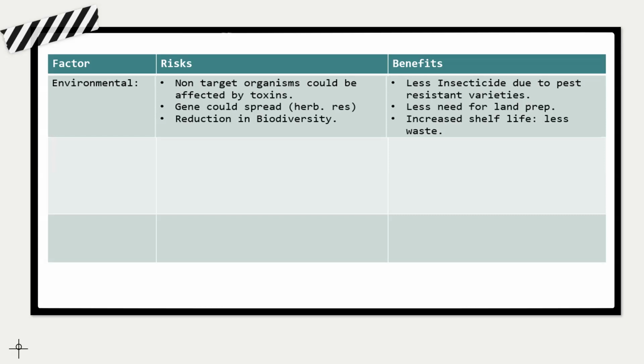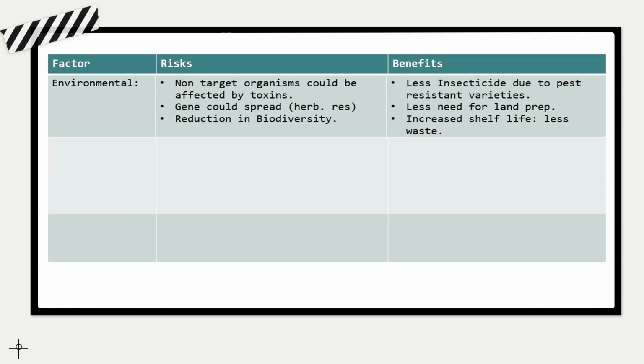Benefits of our GMO crops: we actually have to use less insecticide if you have crops that are pest resistant. So you can put a gene in that makes the crop pest resistant, which we will look at shortly. The pests then don't affect the crop, which is great. You don't need to spray as many chemicals.